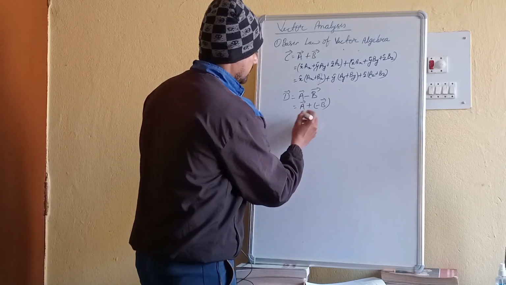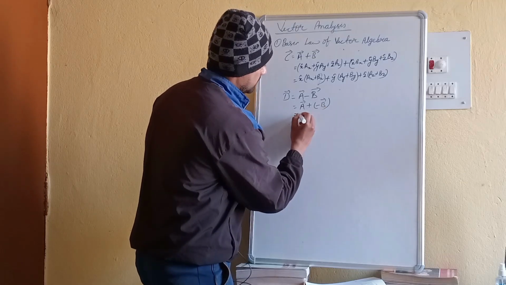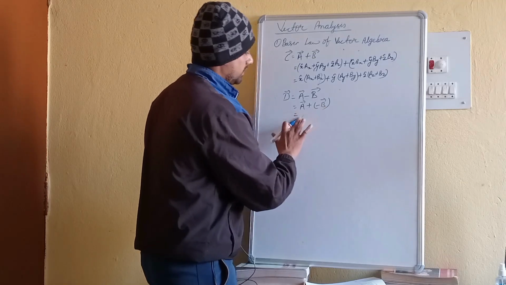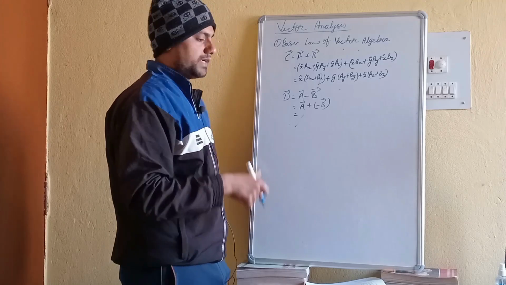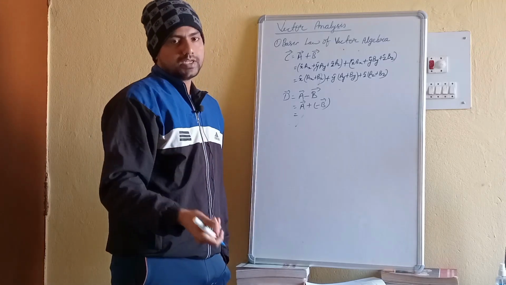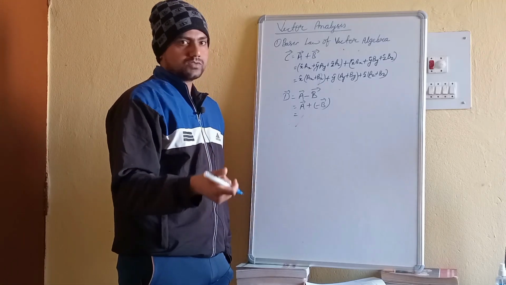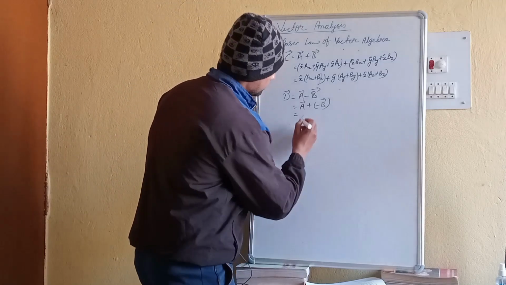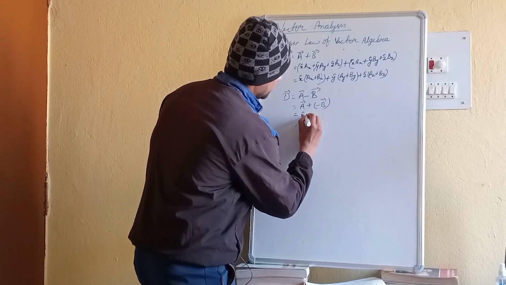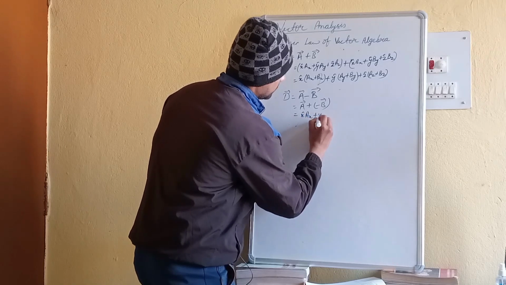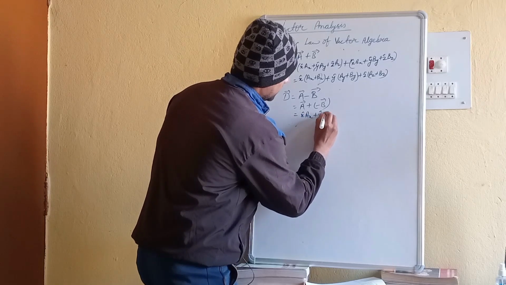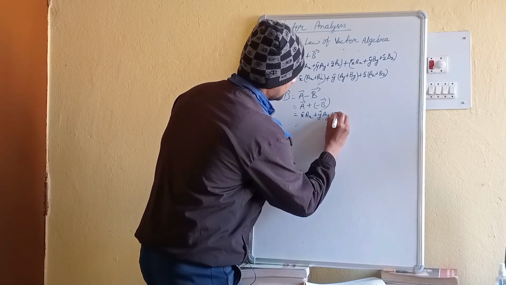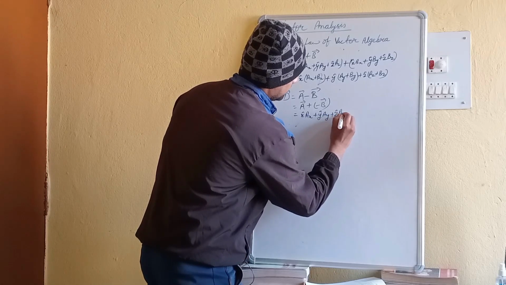So now, simply, you can write vector A by using the components of that particular vector along three axes, meaning along the x-axis, y-axis and z-axis. So here I'm using x cap ax plus y cap ay, and then z cap az.